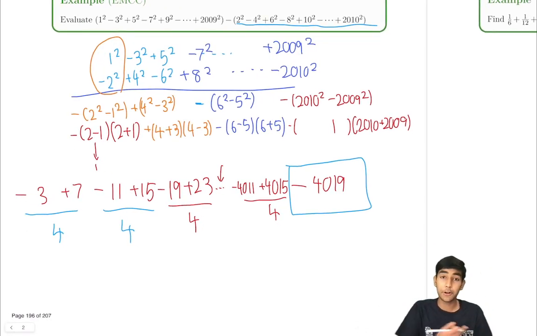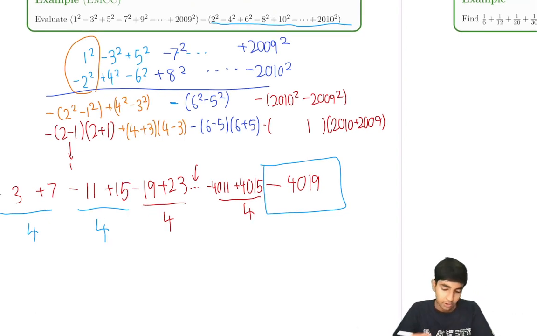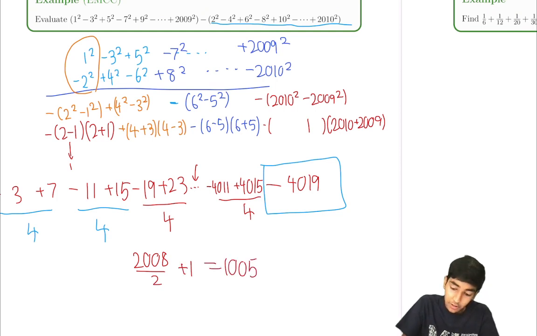And if you remember the arithmetic sequence video, the number of terms in an arithmetic sequence with first term 1, last term 2009, and common difference 2 is just 2008 divided by 2 plus 1, which is 1005, right? There's 1005 odd numbers between 1 and 2009. So there's 1005 terms in this sequence.